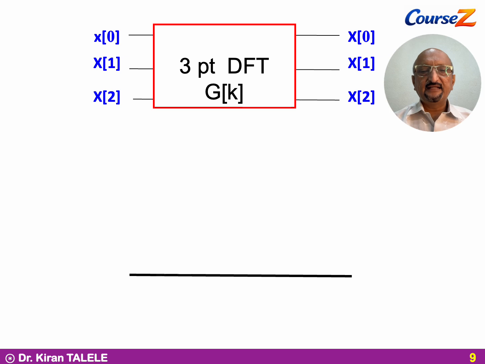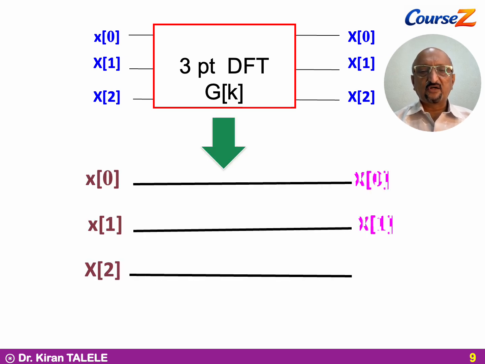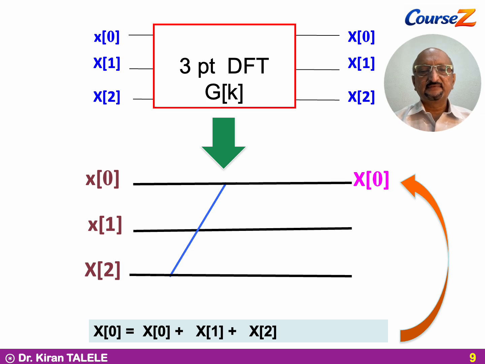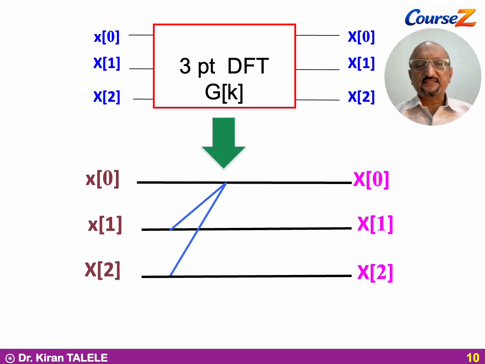Left hand side input, right hand side output. The first output value is X of 0, and that is the summation of all the input numbers. This x of 0 plus x of 1 plus x of 2, resultant value X of 0. Second equation, X of 1.